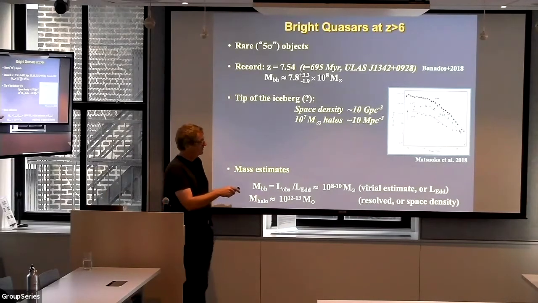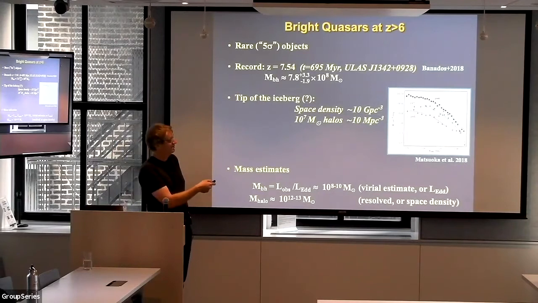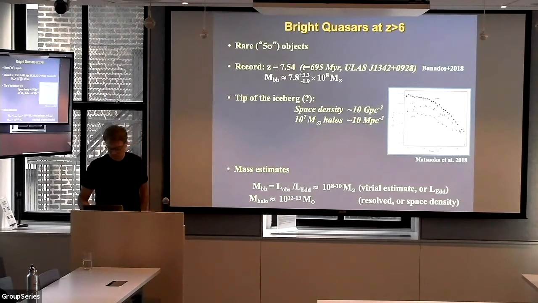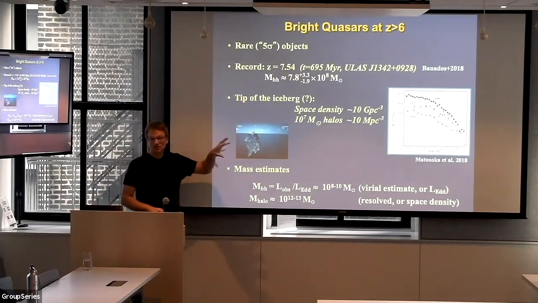Now, if you compare this to the abundance of dark matter halos in the high redshift universe, which I'll talk about, a few times 10 to the 7 solar mass halo, even before redshift 10, it's about 1 billion times more than these. So if you want to think of tip of the iceberg, these objects are super rare.